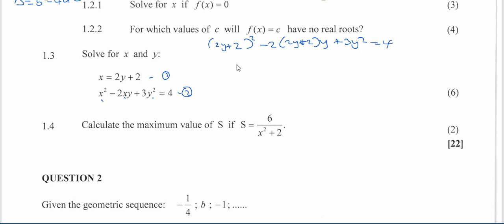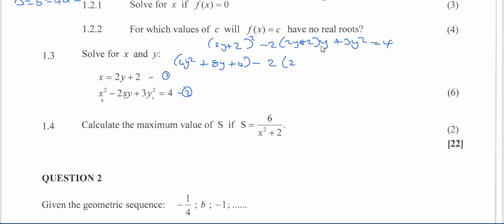So we're going to simplify, where we're going to have 4y squared, then 2 times 2 times 2, which is 8y, plus 4, minus 2 into 2y.